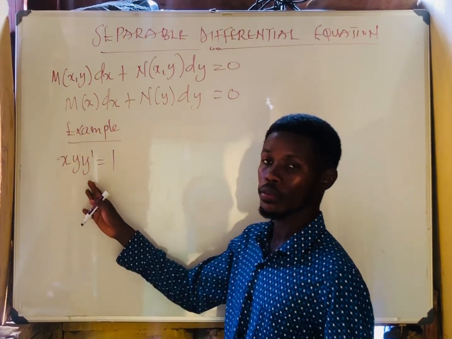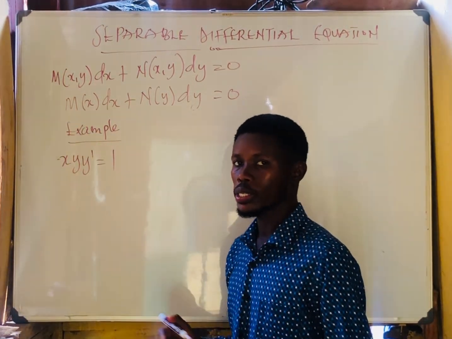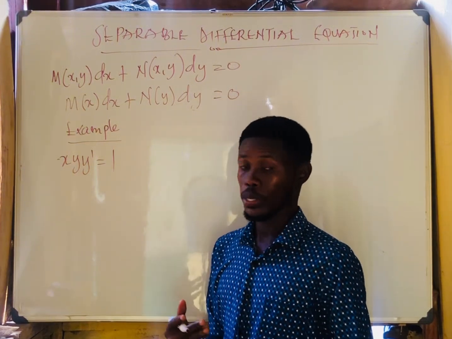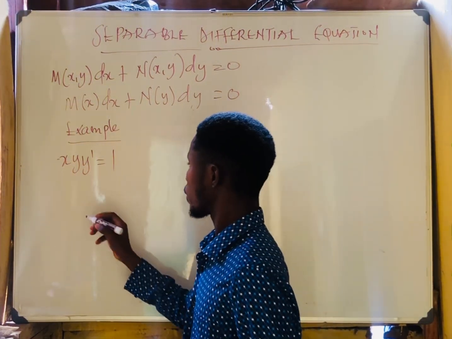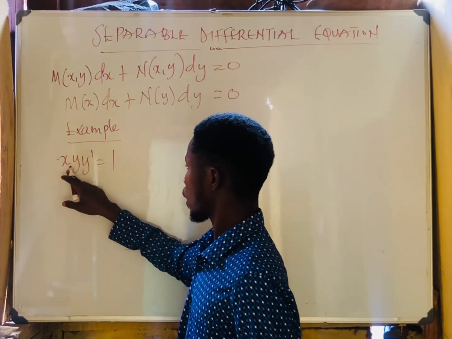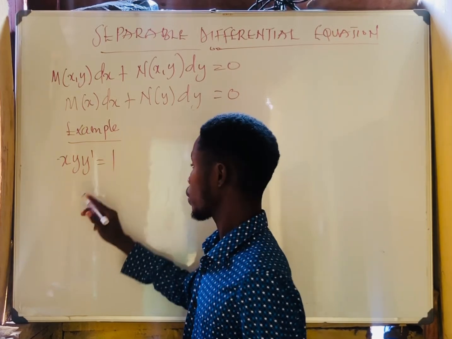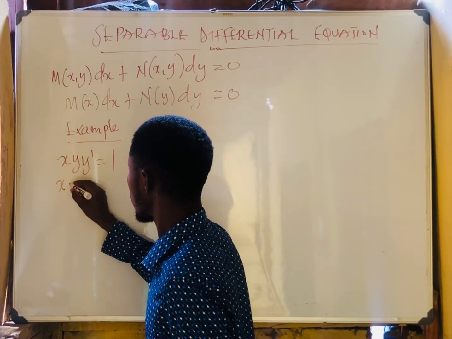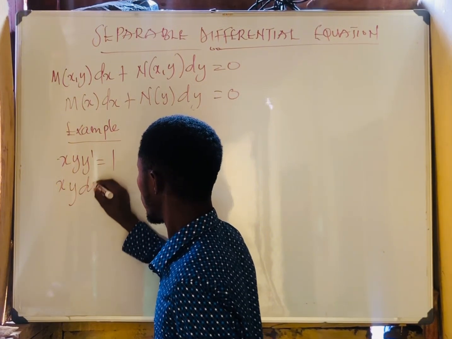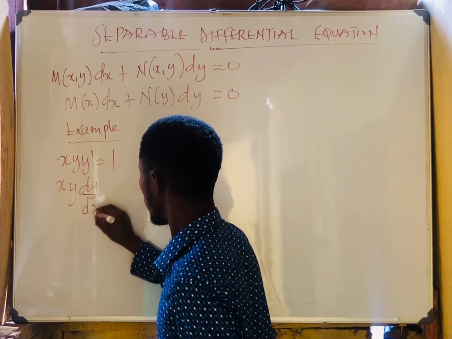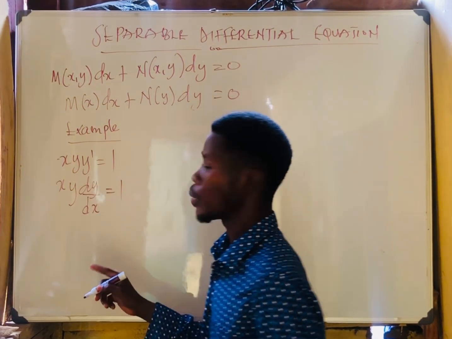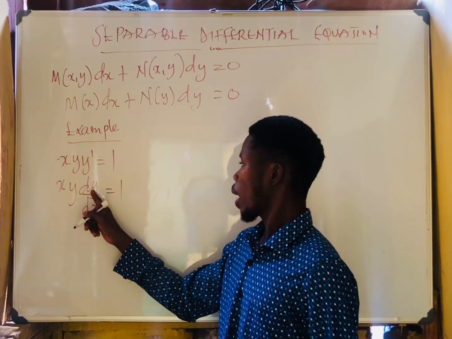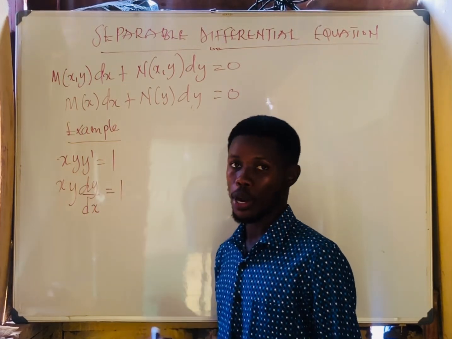Okay, so now let's have this example and let's see what separable means. If you look at this one, this is x times y prime. So it means that I can write this one as x y dy/dx equals 1, because dy/dx is the same as y prime.